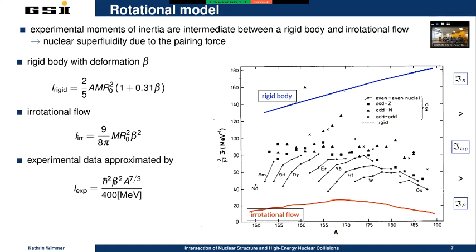So this is just a phenomenological parameterization of the moment of inertia as a function of mass. If it's rigid, it's just linearly proportional to beta, but then experimentally you always prefer beta squared. And also the mass dependence is different. You see, there's some mass dependence here also.